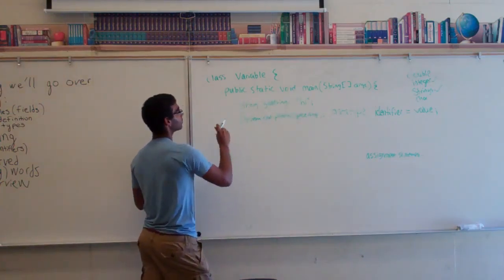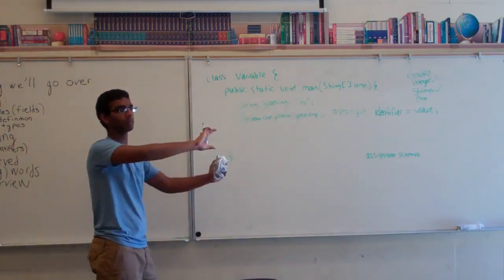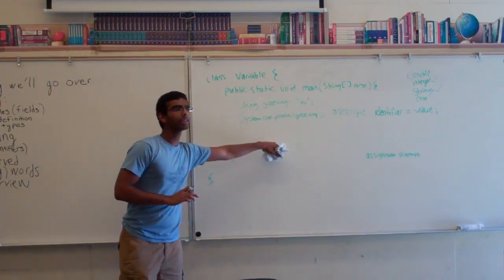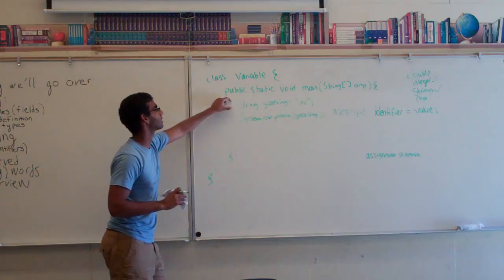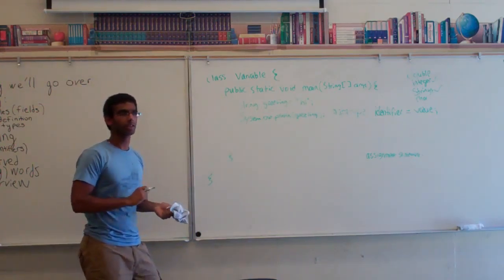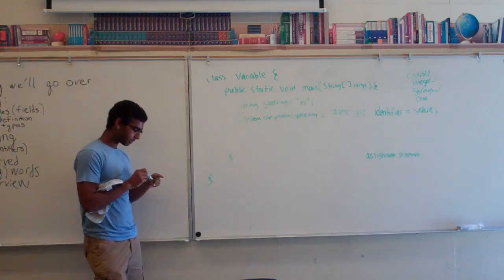So I want you guys to recreate the output of this program. So first figure out what this would print. And then I want you guys to recreate this, only you can't use the string data type. Try doing it using only the char data type. Sound good? Alright, and I'll come around.